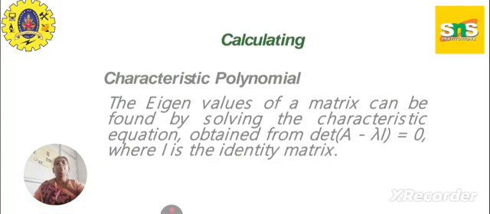Calculating the characteristic polynomial: the eigenvalues of a matrix can be found by solving the characteristic equation obtained from determinant of A minus lambda I equal to 0, where I is the identity matrix.